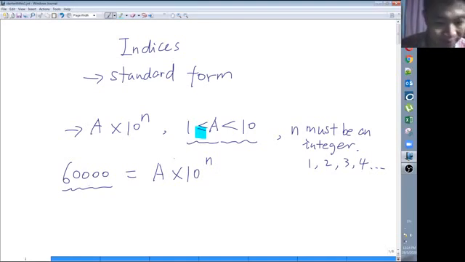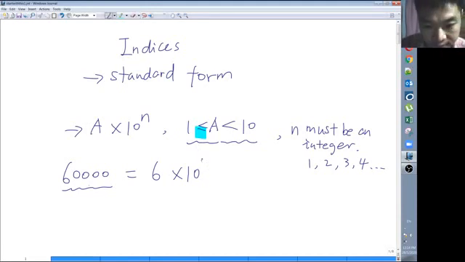In this case you can see that your a can be replaced by a 6. Now your job is to figure out what your n is. You can clearly see your n is actually 4 in this case.